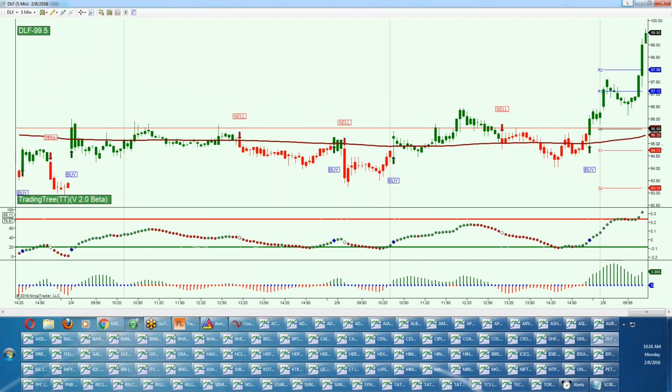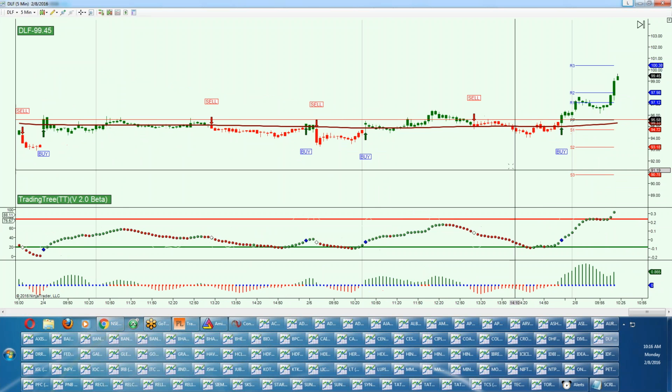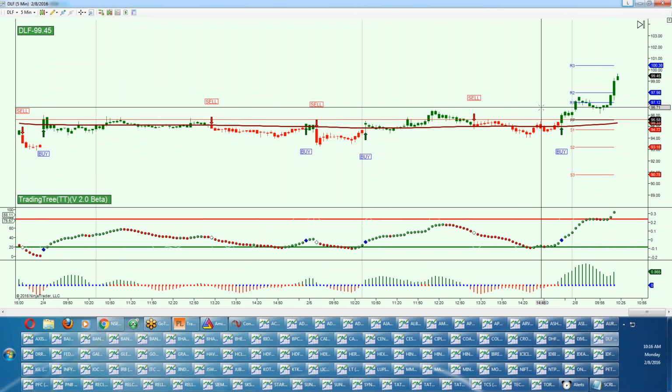So DLF is rising. So the next target will be 100.30.